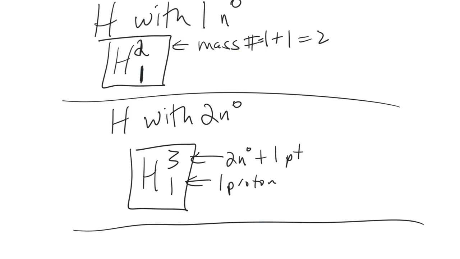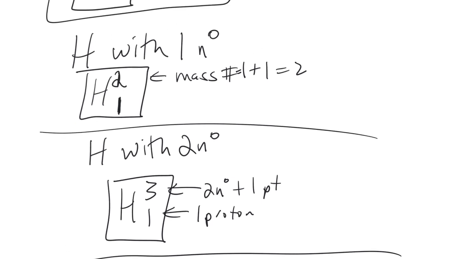Okay, so this way of showing the atomic number on the bottom and the mass number on top is going to be useful in chemistry, and well, not too much in biology, but anyway.